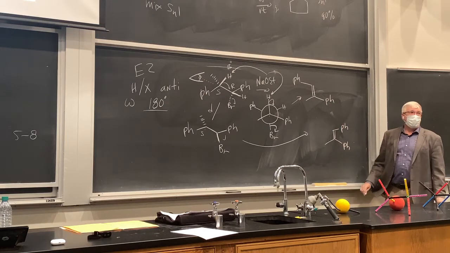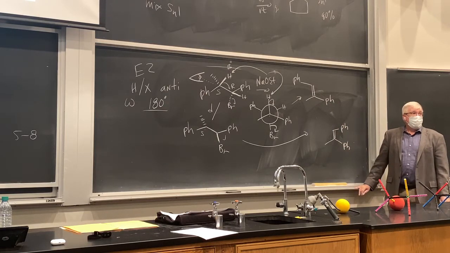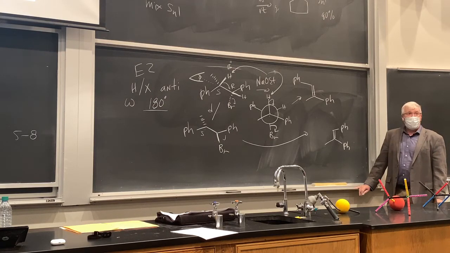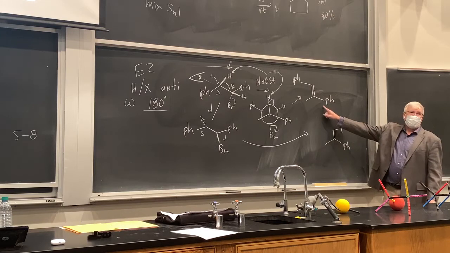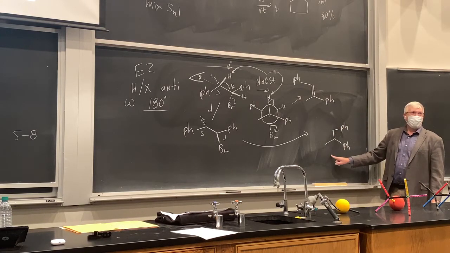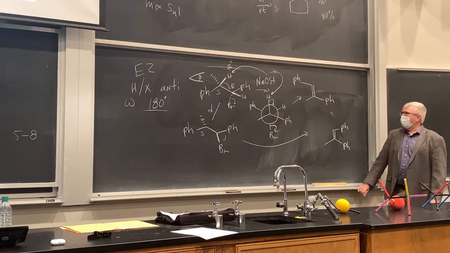We say it's a stereospecific reaction that's governed by what? The mechanism of that anti-relationship between the beta hydrogen proton being removed and the leaving group at the alpha position. Stereospecific reaction. This is the only product here. This is the only product here. A consequence of that geometry constraint now.